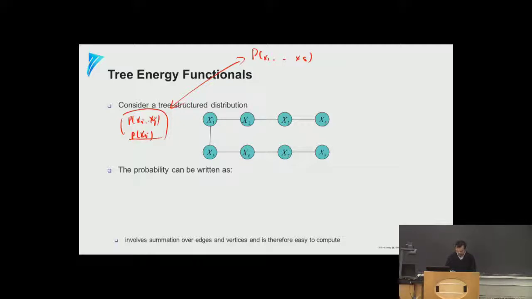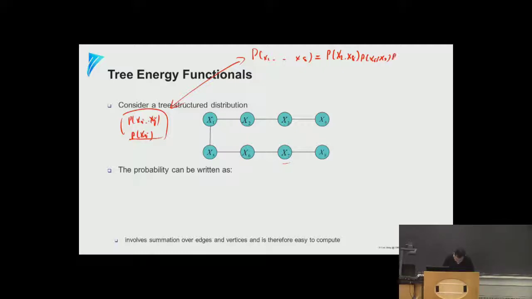Okay, so let me write down a few things. So this one equals, let's start from here. Somehow you can write down p of x7 and x8, right? And then you can also write down p of, say, x6 given x7, right?